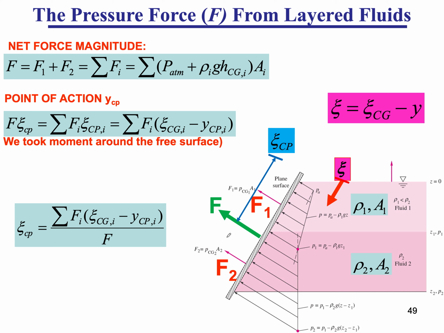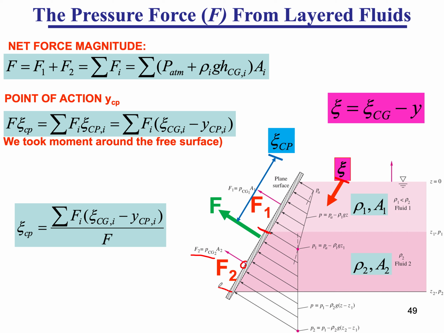And now here's an example of multi-layered fluid. Same story, you solve each problem on its own, and you sum the forces. So each layer of fluid of certain depth, Z minus Z1 and Z1 minus Z2, fluid 1 and fluid 2, would have its own force, its own distribution, its own center of gravity and its own action point, CP. So you'll treat each problem alone.